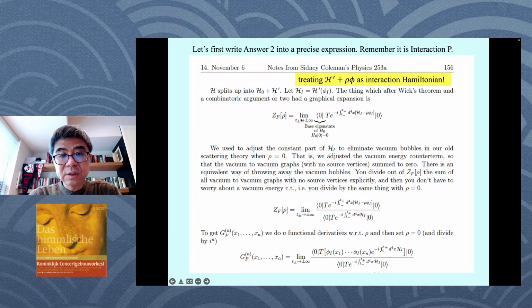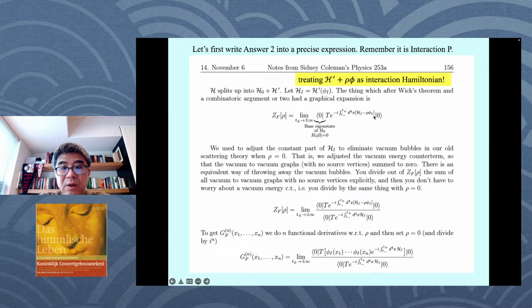Interaction picture means you treat the original interaction, I call it H prime, and rho phi as the interaction Hamiltonian. If you calculate in this way the 0 to 0, the vacuum to vacuum persistence amplitude, then you get this result. I have an expression for the S matrix, which is the exponential of the interaction Hamiltonian.